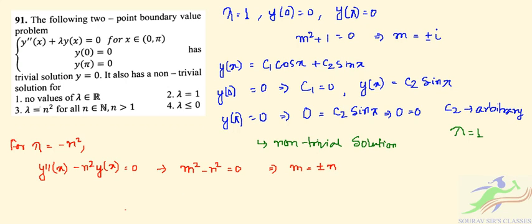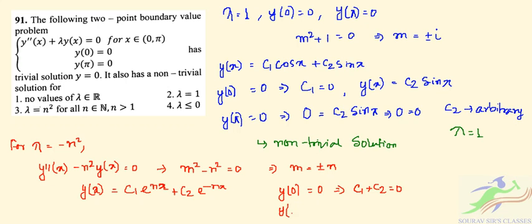The solution will be y(x) equals c1 e to the power nx plus c2 e to the power minus nx. Putting y(0) equal to 0 gives c1 plus c2 equal to 0, and y(pi) equal to 0 gives c1 e to the power n pi plus c2 e to the power minus n pi equal to 0.